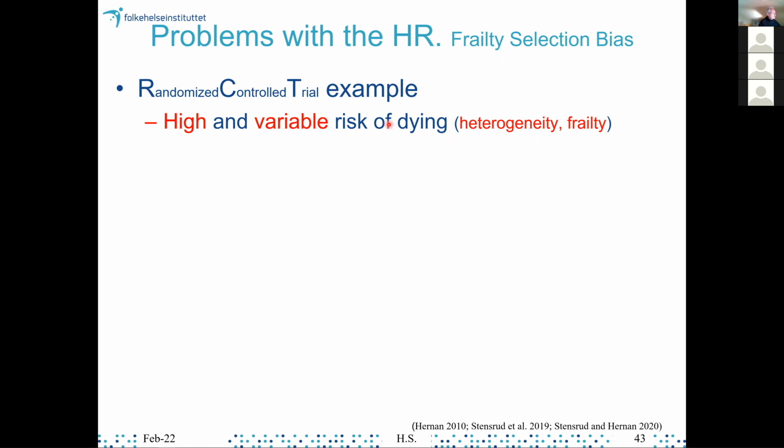And whether we have a high risk of dying, that depends on our situation. Whether we have frailty, I think in general, we always have that. So that's quite common. We also have a very strong treatment effect. In this case, it's a hazard ratio 0.5 for all subjects. So we have half the risk of dying if you treat it.